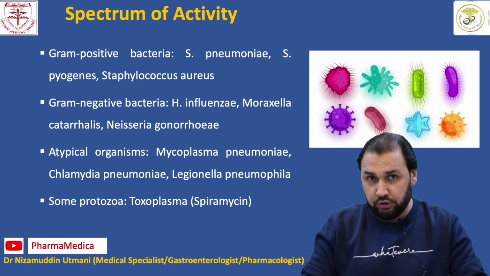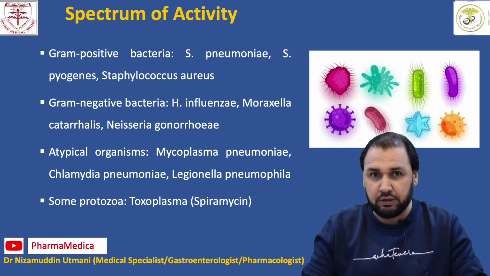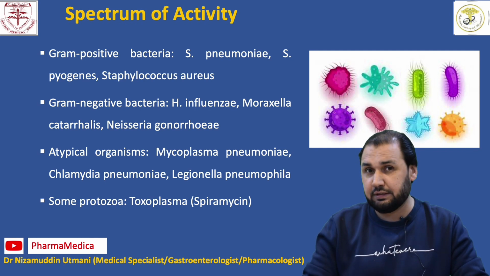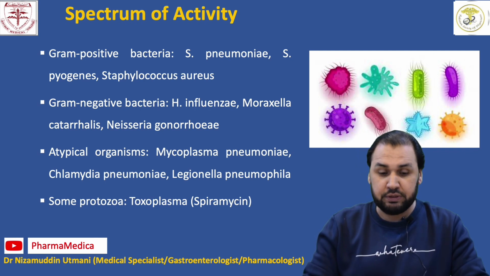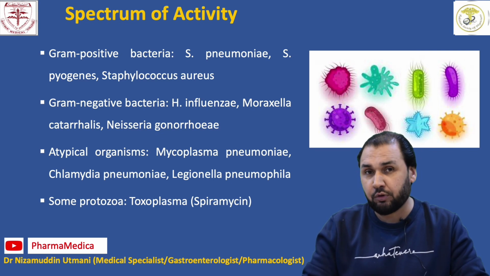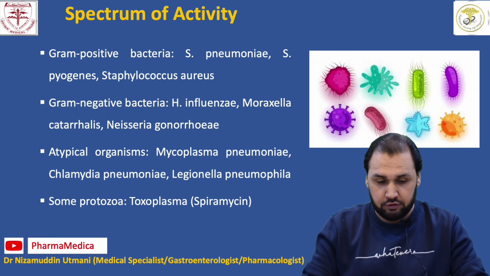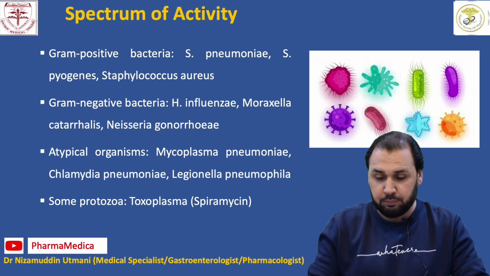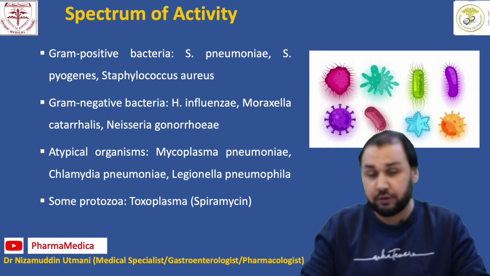For pneumonia we give penicillin, and we also add a macrolide to cover the atypical microorganisms, especially Mycoplasma, Chlamydia and Legionella. These are the common atypical microorganisms which cause multiple respiratory tract infections. They can also cover some protozoa like Toxoplasma.